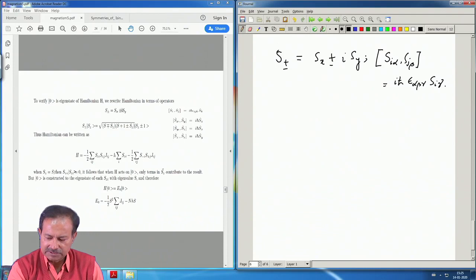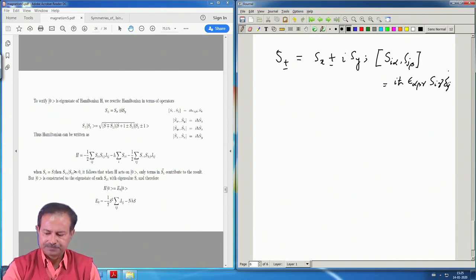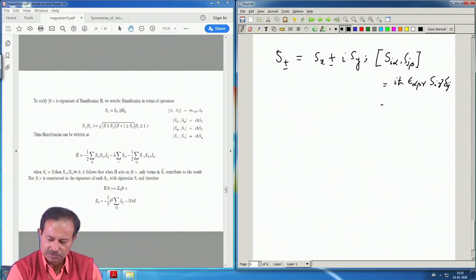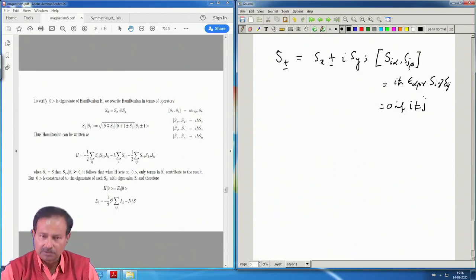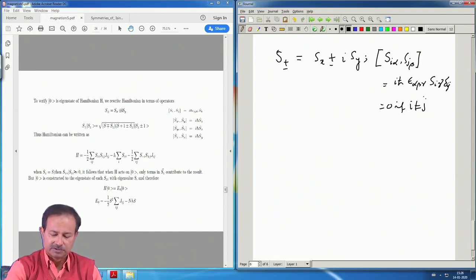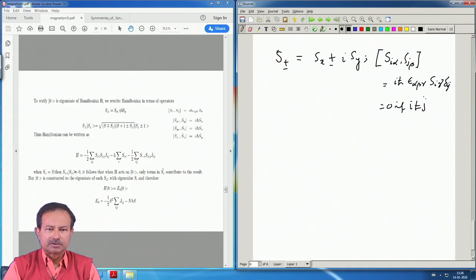Now, if i and j are different, then of course I have to put a delta_ij here, so that is equal to 0 if i is not equal to j. That is the caveat one has to remember, and something I will be using in this derivation of the Heisenberg ferromagnet.